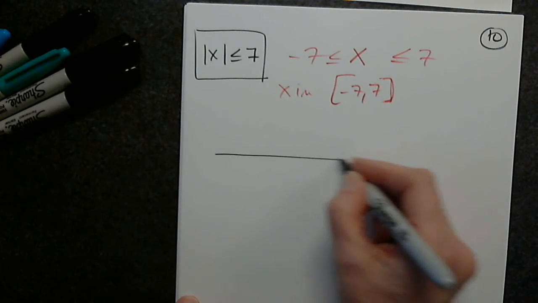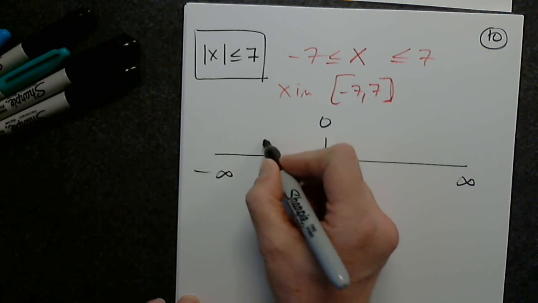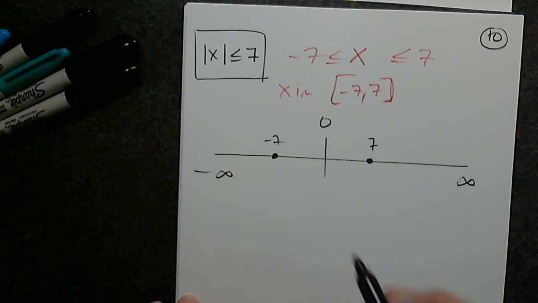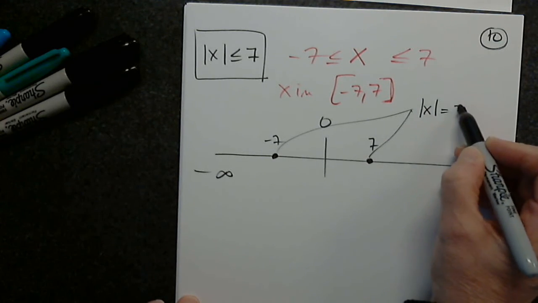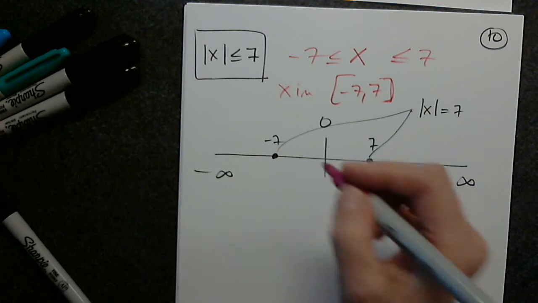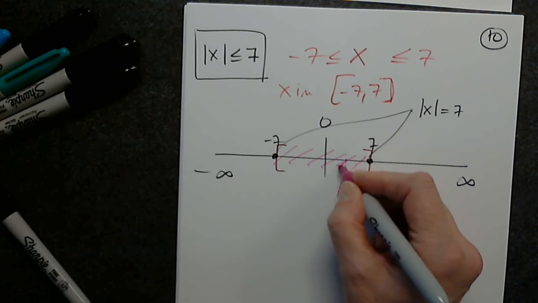So on the real line then, we know that this is -7 and this is +7. And these two are solutions to the absolute value of x equals 7. Now in here are solutions to what?